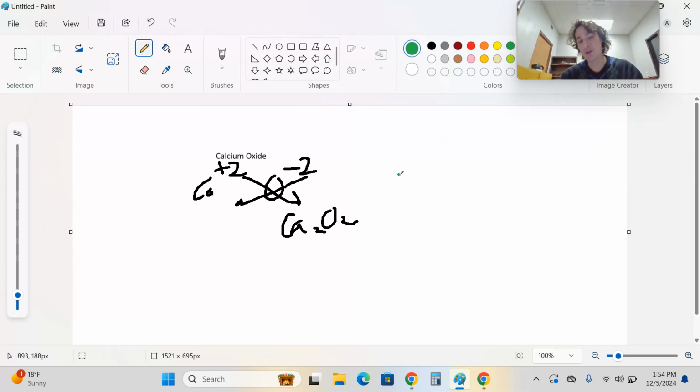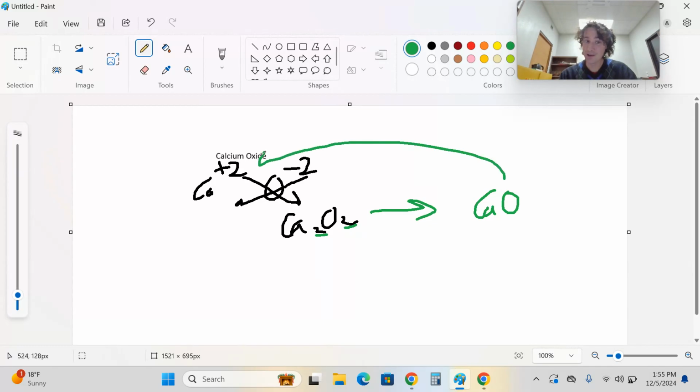It does, but you have to make sure the subscripts, and this is only for ionic compounds, mind you, have to be non-reducible. And 2 and 2 can be reduced. They have a common factor. Their common factor is 2. You can divide these both by 2. And if you do that, what do you get? You get simply CaO, which is calcium oxide. Okay, it works. If you're like, but wait, crisscross? Yeah, crisscross still works. You just have to simplify.